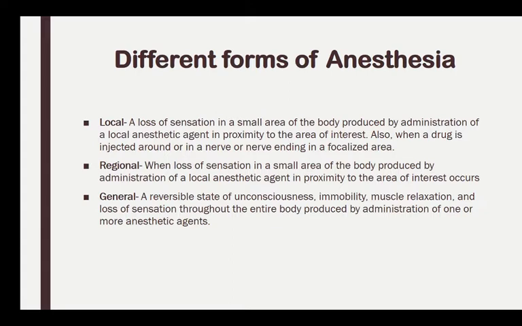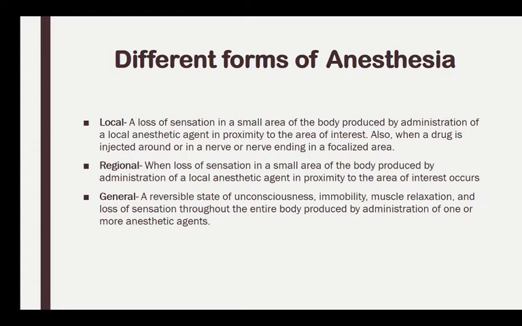Regional is when loss of sensation in a small area of the body is produced by administration of a local anesthetic in proximity to the area of interest. So we can get local or regional anesthesia typically by using something like lidocaine. You've probably heard of lidocaine or novocaine before. This is something that deadens nerves in a certain area.